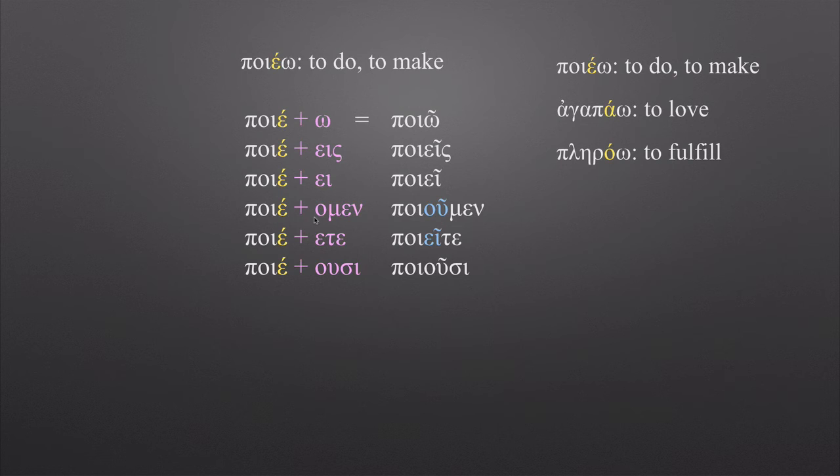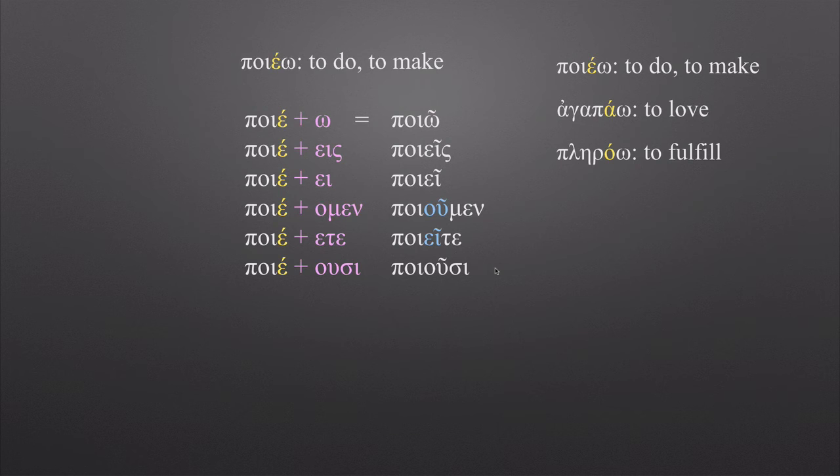So poie plus omen for the first person plural will give us poioumen, the reason being epsilon combines with omicron to form ou. And poioumen is not a form we've seen before. We haven't seen verbs conjugated with oumen for the first person plural, although I think you'll agree it's not that hard to recognize. Likewise, the second person plural, poie plus ete, gives you poieite.